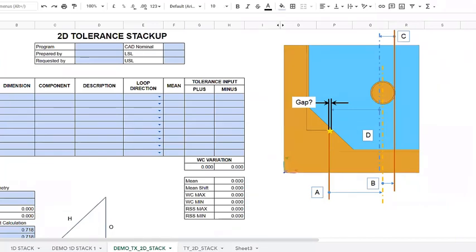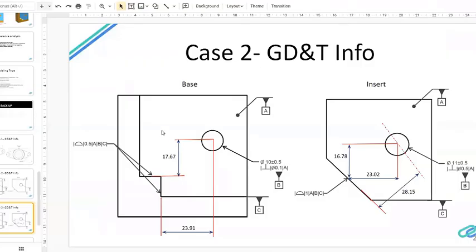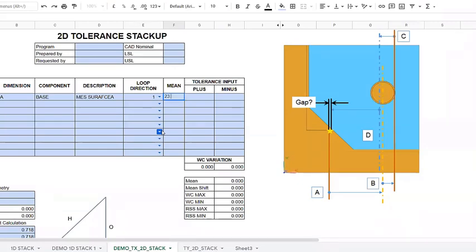Here the dimension is A, the component is base part, the description is measurement surface, and the stack loop is in the positive direction. I'm going to give a positive direction, and the mean, as I mentioned, I already kept over here, is 23.91, and then the variation is plus or minus 0.25, which is a profile of 0.5.